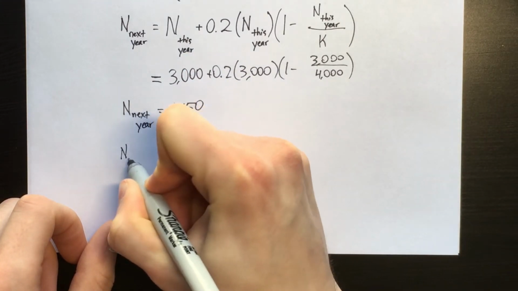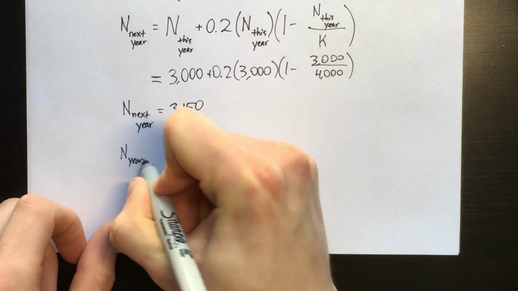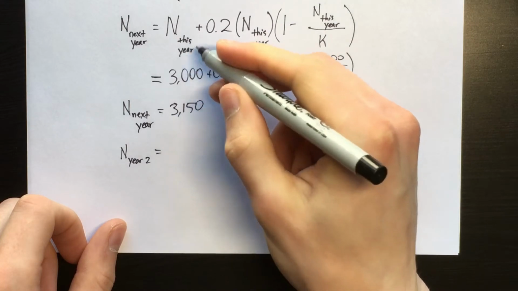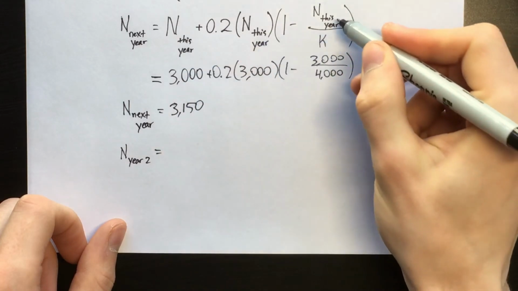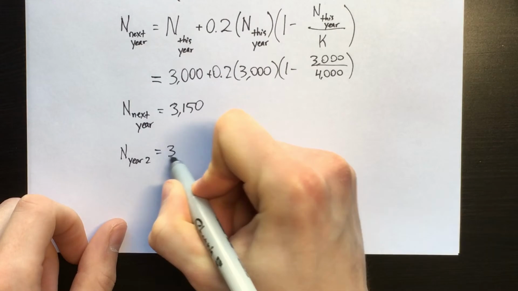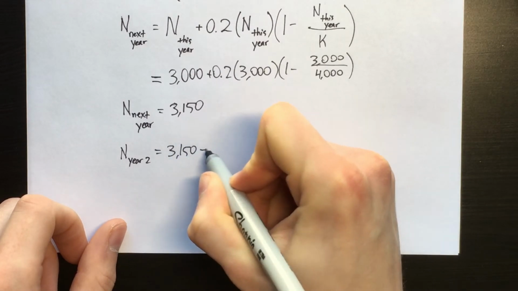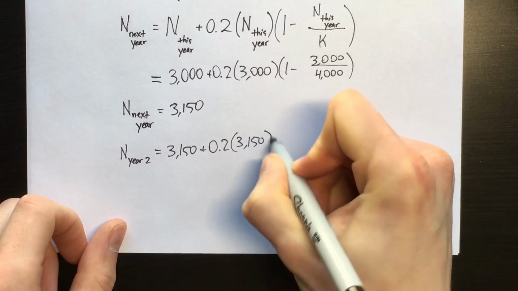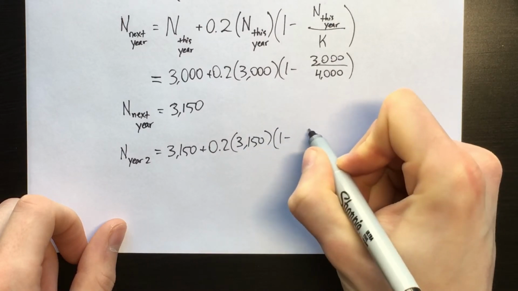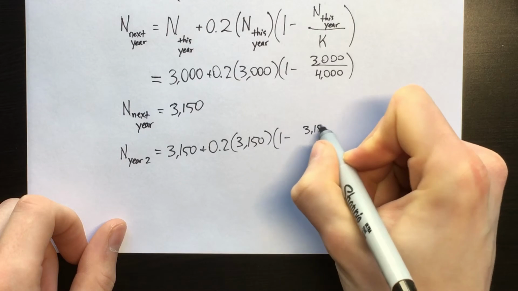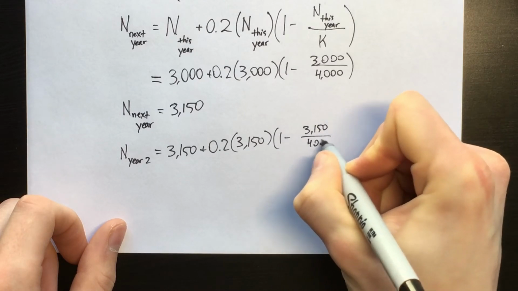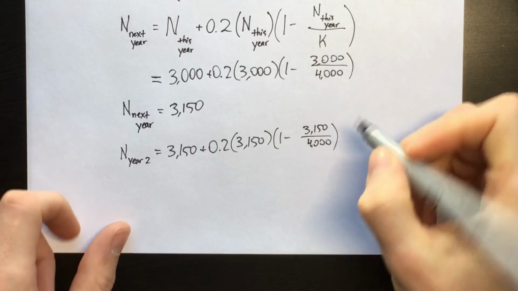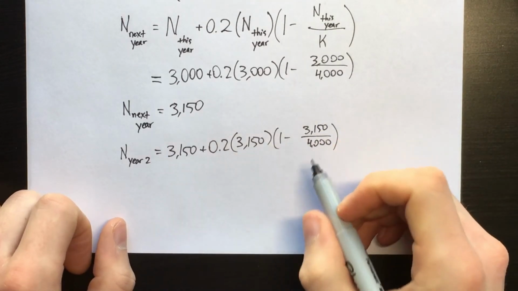So n for year 2 is equal to n year 1 plus 0.2 times 3,150 times 1 minus 3,150 over 4,000, because K hasn't changed, right? K is still just 4,000. So that's going to be your second run through.